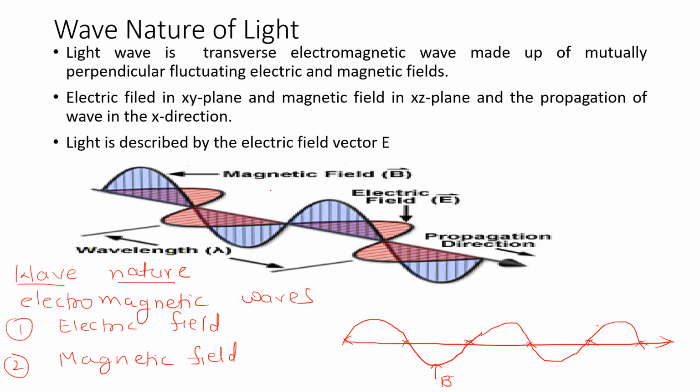What is the other thing which is varying periodically? It is the electric field. So how is it vibrating? Is it vibrating in the same direction? No, it is vibrating in a perpendicular plane. See, the magnetic field is vibrating in the plane of the screen, whereas the electric field vibrates in a plane perpendicular to the screen.